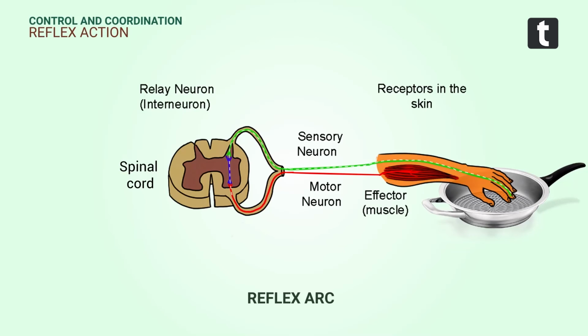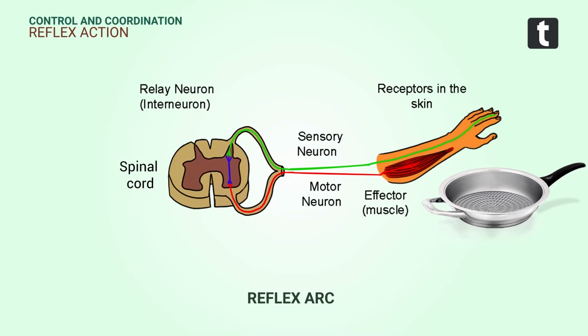The motor neuron will be responsible for carrying these impulses away from the spinal cord all along its length, finally towards the effector organ, which is nothing but the muscles of the hand. Once these impulses reach the hand muscles, they will be responsible for contraction and immediate withdrawal of the hand from the hot plate.